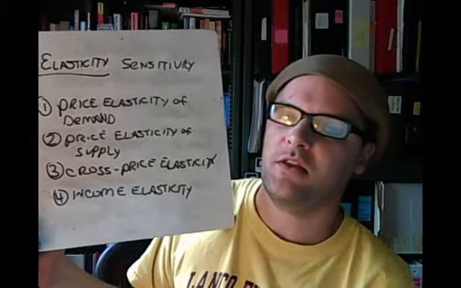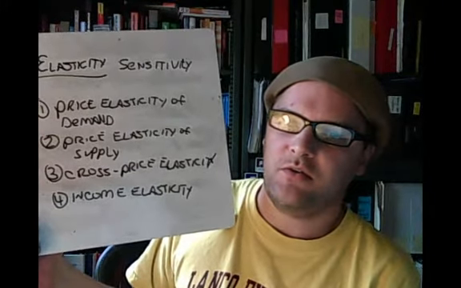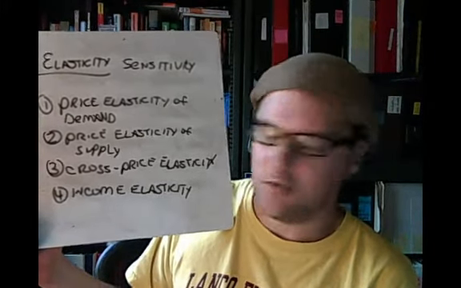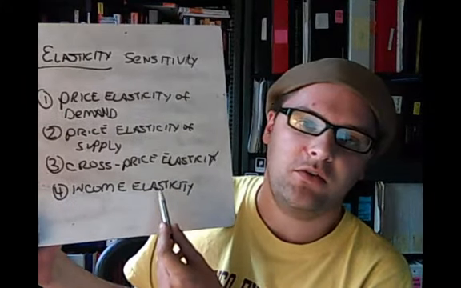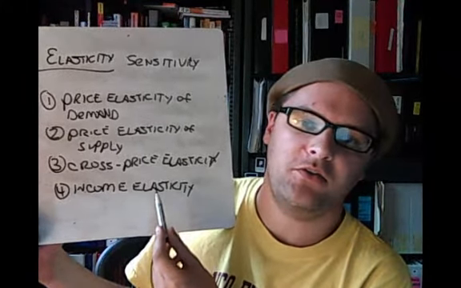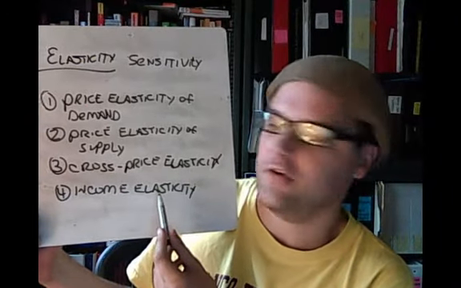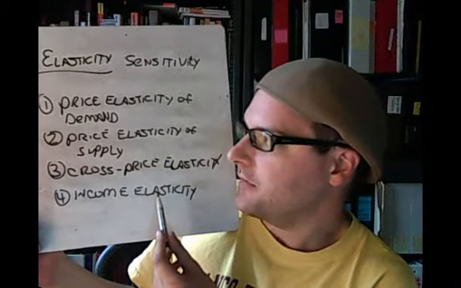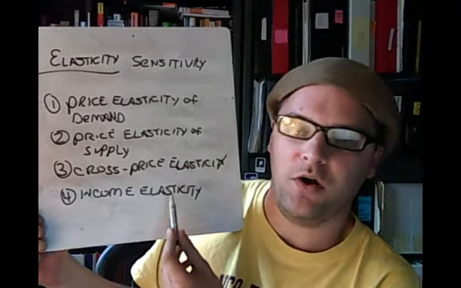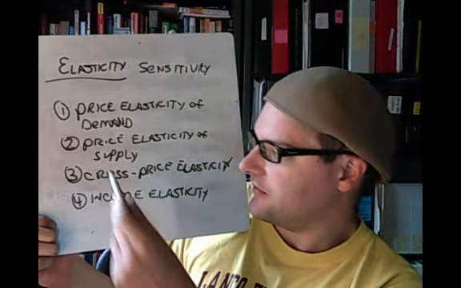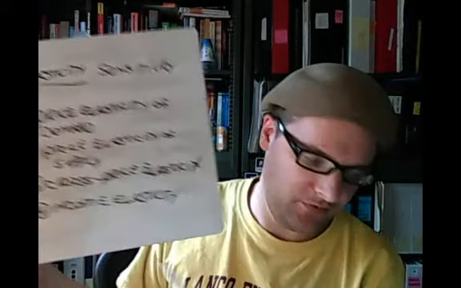We'd primarily be interested in whether goods are substitutes or complements. And then finally the income elasticity would give you an indication of whether goods are normal goods or inferior goods. In this first lecture, part 1, I'll focus on the first 2. In the second part of the lecture, I'll focus on the latter 2.